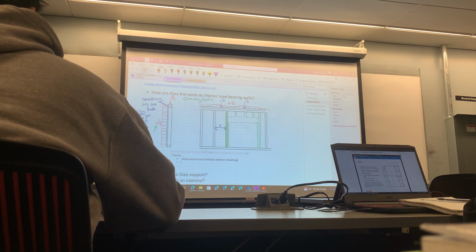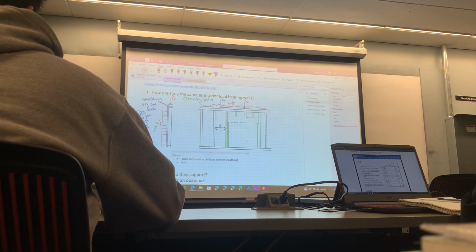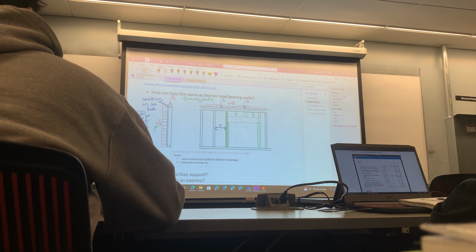The load path is basically the same as it would be for an interior wall, I'll just say for axial loads. Yeah. What else? With the construction, you'll have the same spacing. So we have 12-inch, 16-inch.